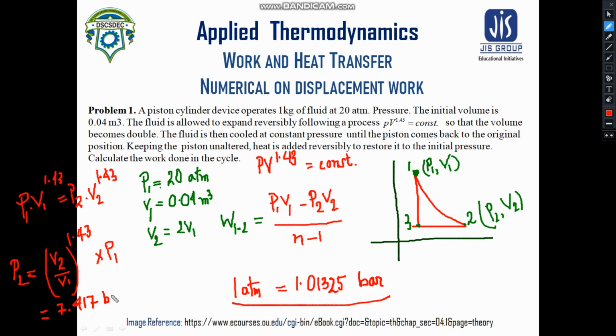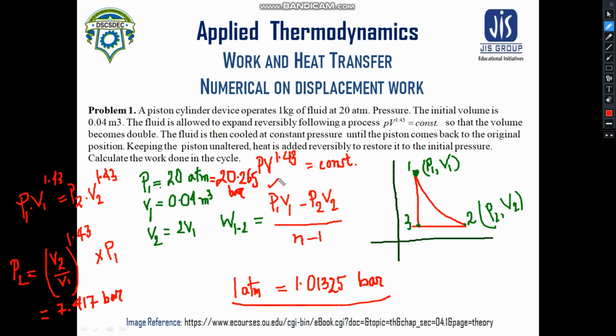This calculation you need to do by yourself. Now you have all the data. P1 is equal to 20 atm, and if you convert it into bar, it will be 20.265 bar. These calculations you need to do by yourself.